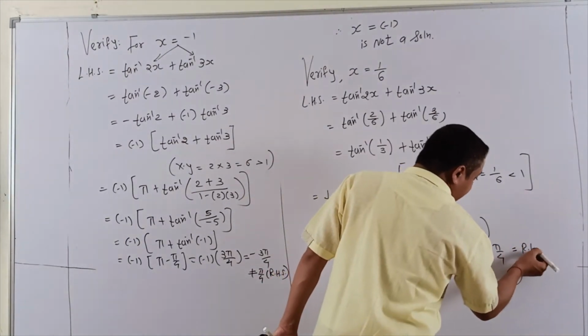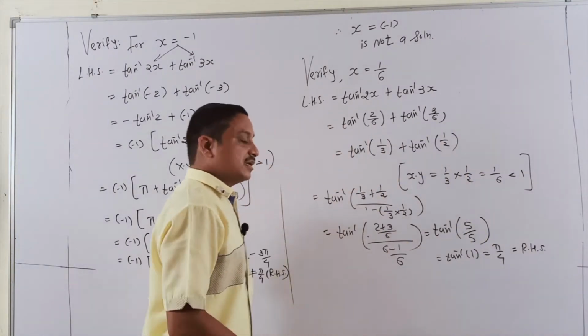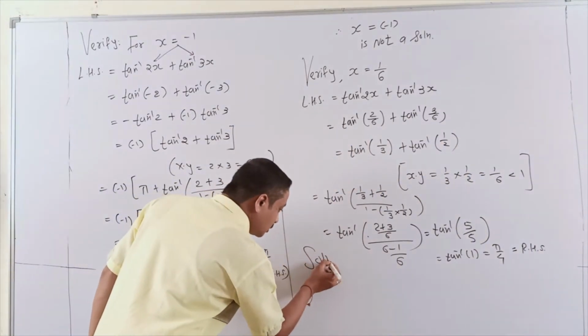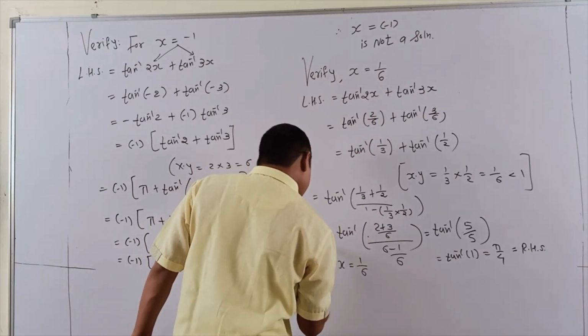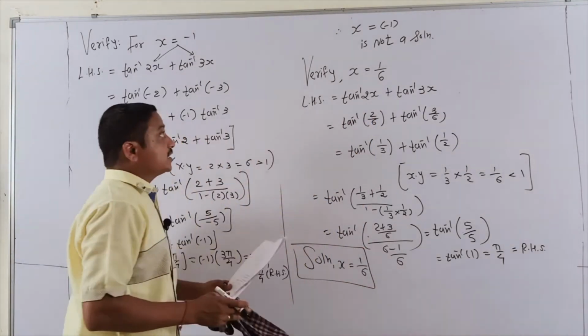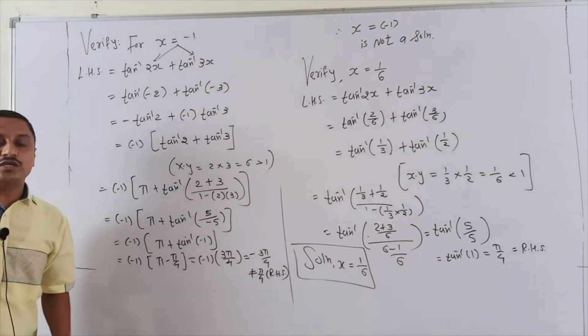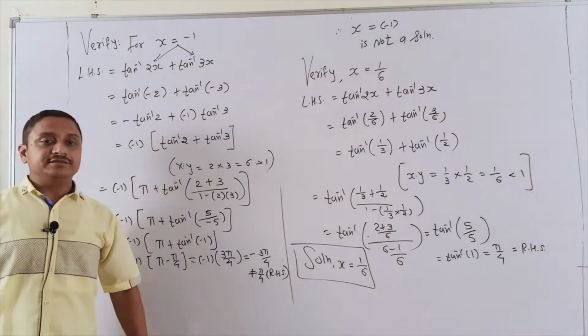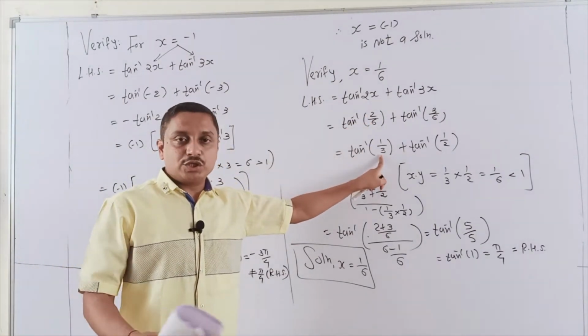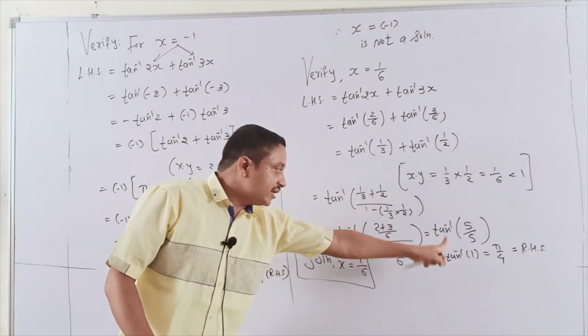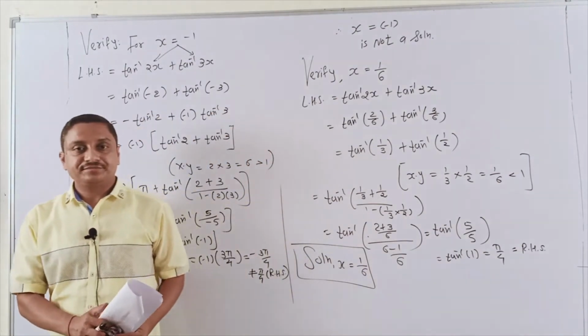Now check out, that's my RHS. It means my final solution for x is 1 by 6, but not minus 1. And students, here our numerical is done. One mistake I made earlier, taking 2 by 6 as 1 by 3. So students, make the correction and write it properly.